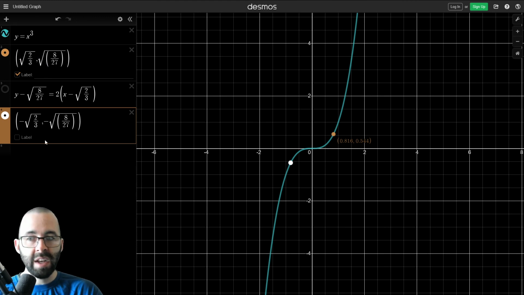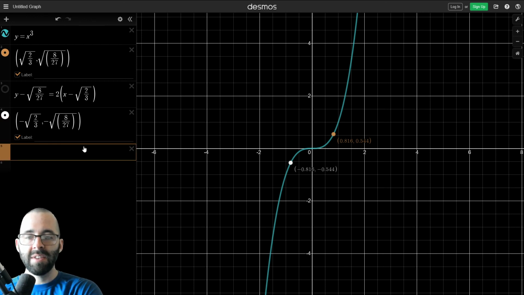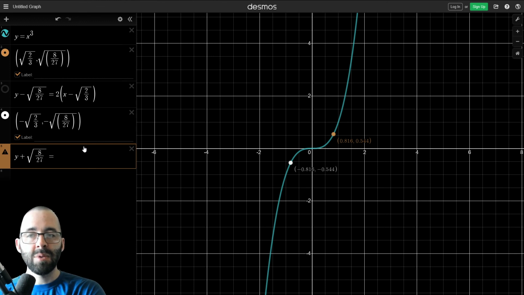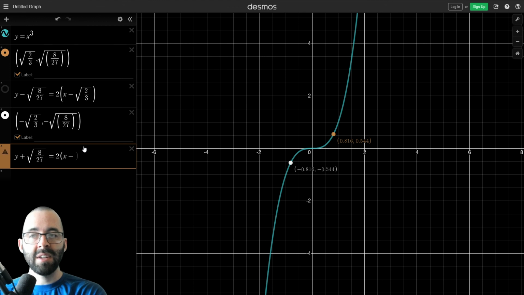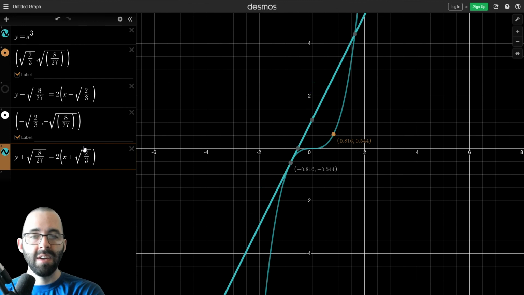Again, notice this point is on the graph. That's good. Does it have a slope of 2? Well, let's look at the equation of the tangent line. y minus the y coordinate, which is already a negative, it's going to be a positive 8 over 27, is equal to the slope, which hopefully is 2, times x minus the x coordinate, which is also negative, so it becomes x plus the square root of 2/3.